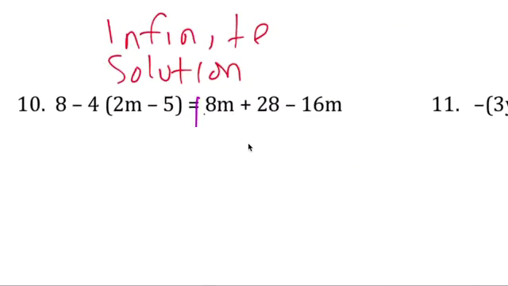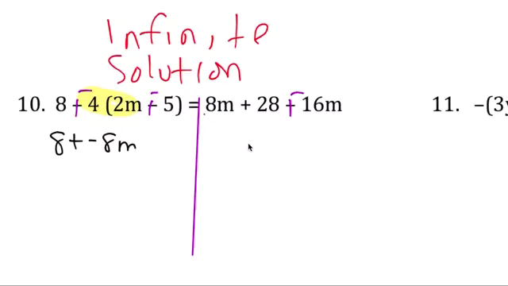Here, additive inverse, plus a negative, plus a negative, plus a negative. Okay, distribute these two together, you get 8 plus negative 8m plus negative and a negative is a 20.